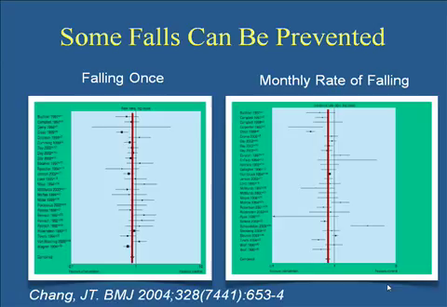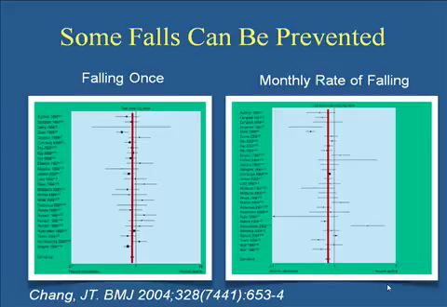Now the good news is despite the impact, some falls can in fact be prevented. Now I know that this is very data looking, perhaps a little scary if you're not used to looking at these kinds of charts.